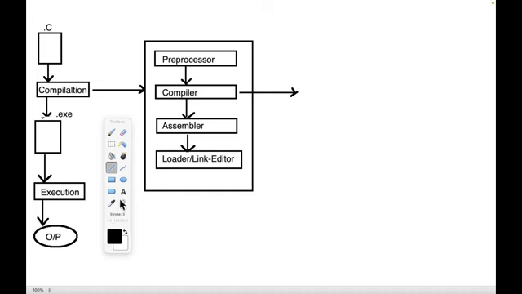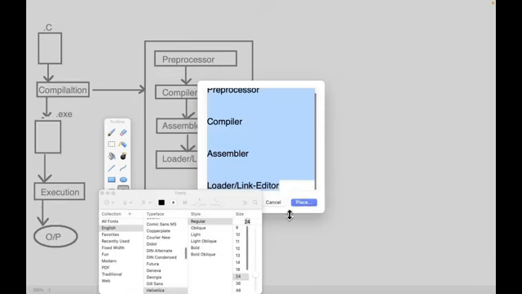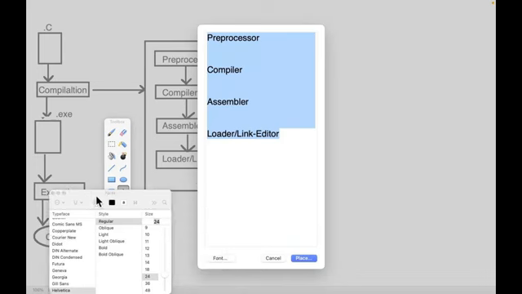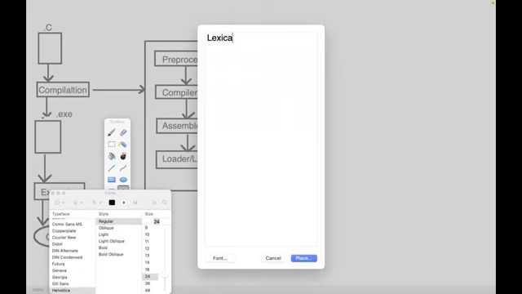Then inside the compiler, again we have some phases. What phases are available? Observe carefully. The very first one is lexical analysis. This is one phase.